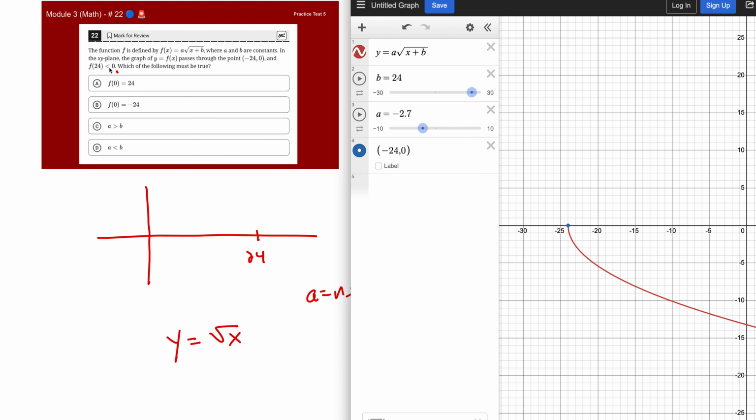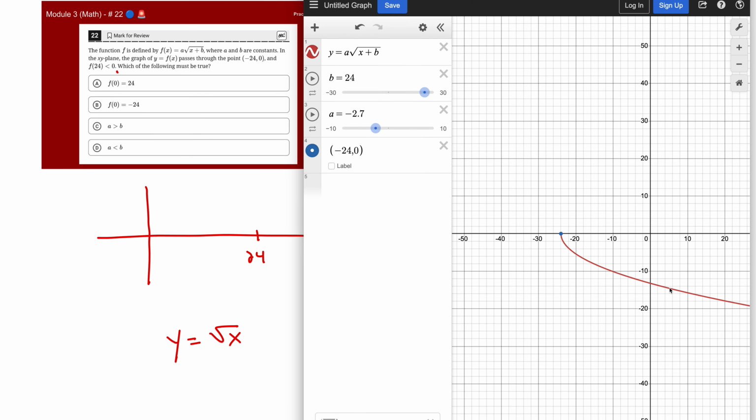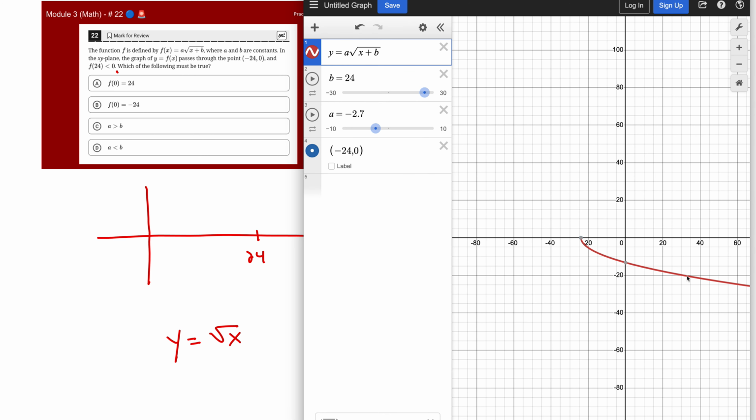And also f of 24 is negative. If you go to 24 on the x-axis, you can see that y is negative 18.7. Based on these conditions, is f of 0 equal to 24?